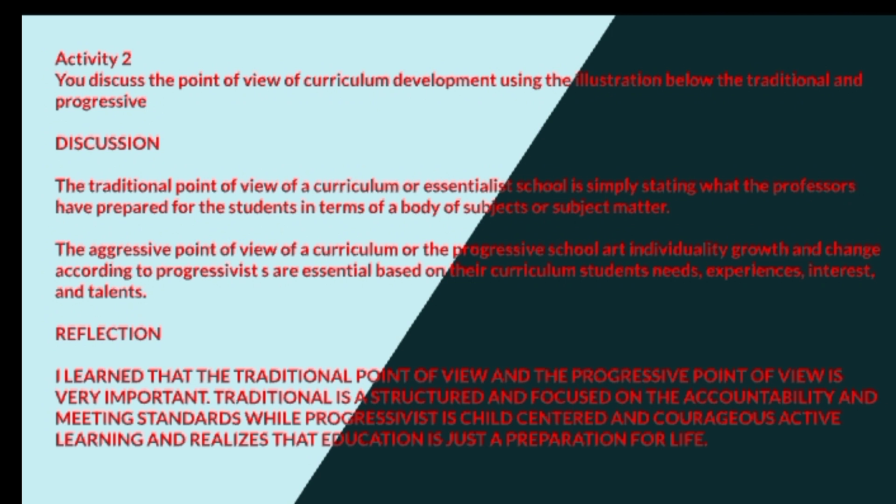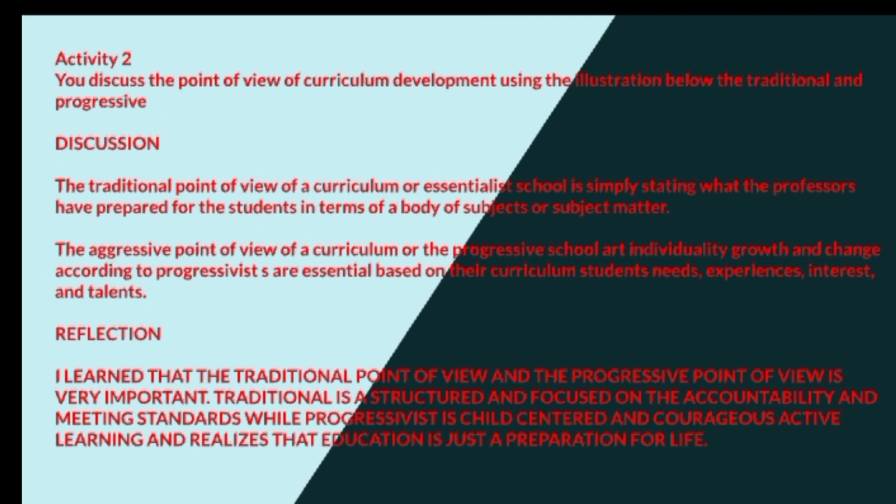The progressive point of view of a curriculum, or the progressive school, stresses art, individuality, growth, and change. According to progressivists, the curriculum is based on their students' needs, experience, interests, and talents. Here is my reflection.